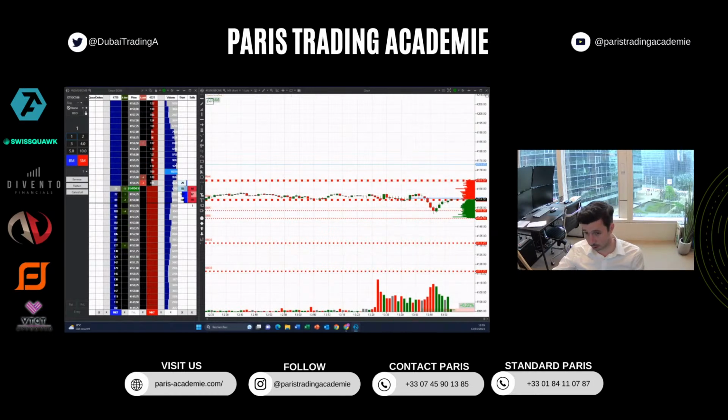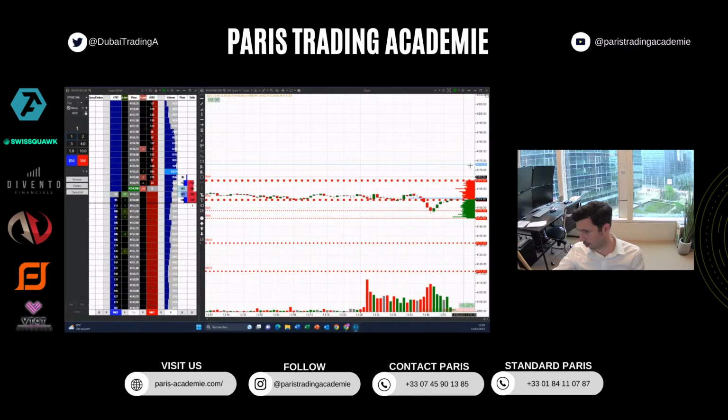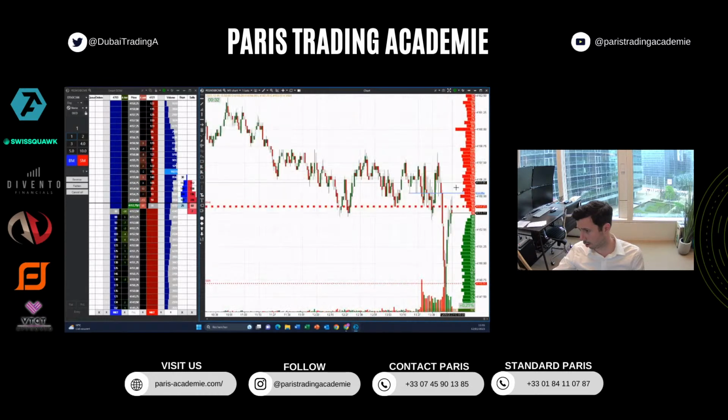This move that we saw on the Nasdaq as well, that I call the V shape, it's been here as well. And now we're trying to see what happened when we hit this level. Yeah, now we're pushing it back.